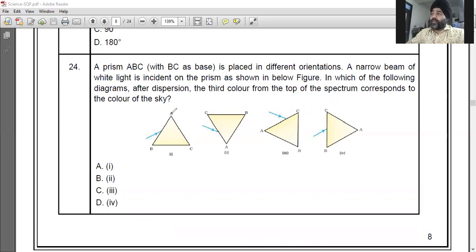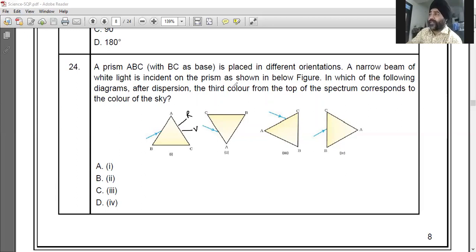Here in the first case, you can see that the base of the prism, BC, is towards the bottom side, and the light is incident from here. I told you in the previous question that in the spectrum of light, red will be on the upper side and violet at the lower side.